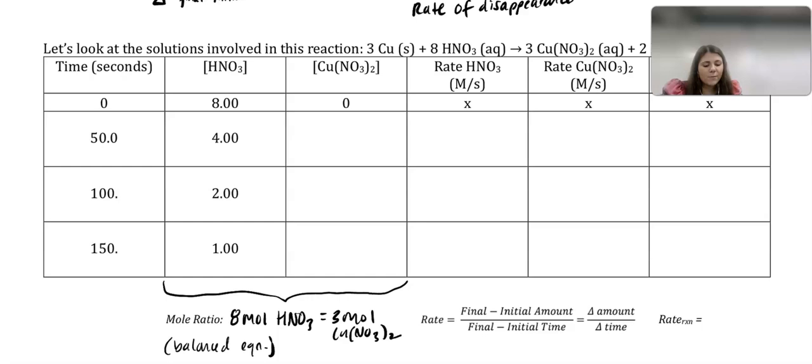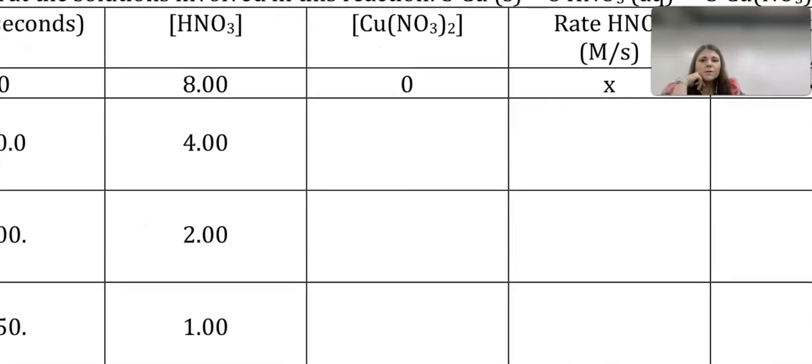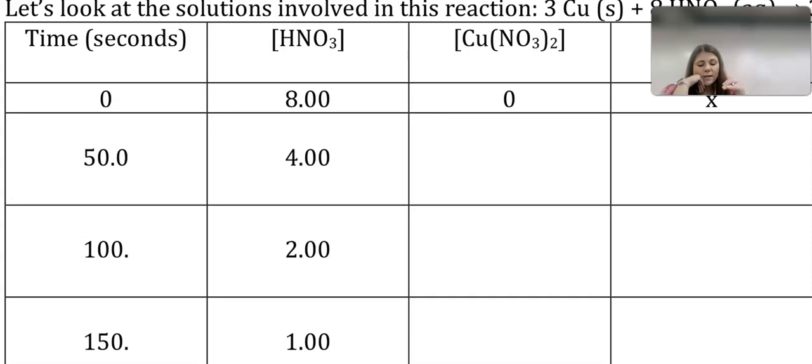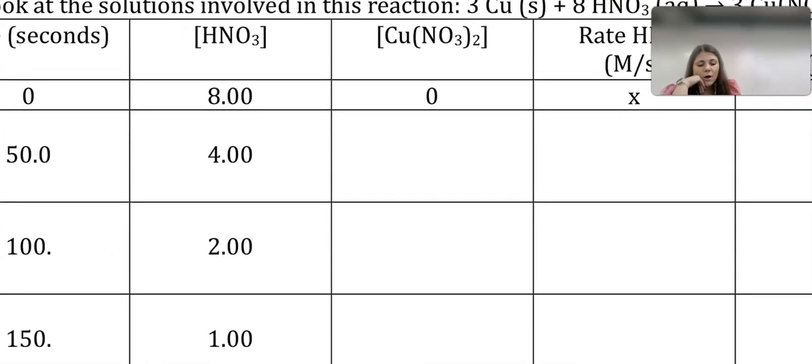All right, so I'm going to zoom in here. After the first interval to get us to 50 seconds, our nitric acid consumed by 4. So here, I'm going to highlight these all yellow because it's going to come into play soon. We're going to do a mole ratio between nitric acid and copper 2 nitrate.